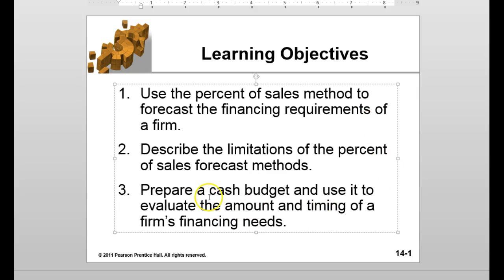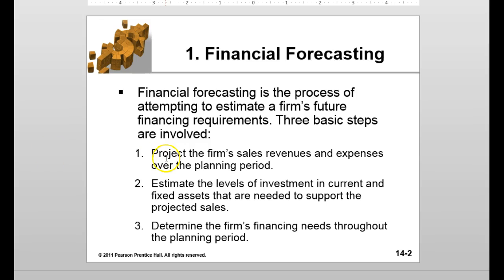And then we're going to look at how to prepare a cash budget and to use it to evaluate the amount and timing of a firm's financial needs. But first, let's look at the percent of sales method, and we'll go from there.